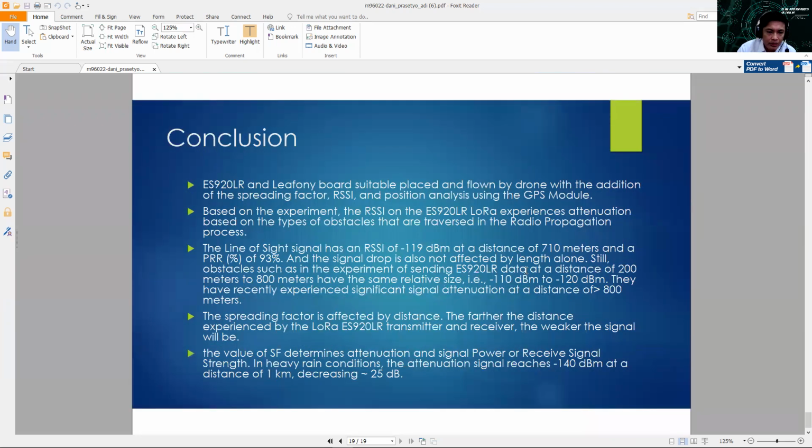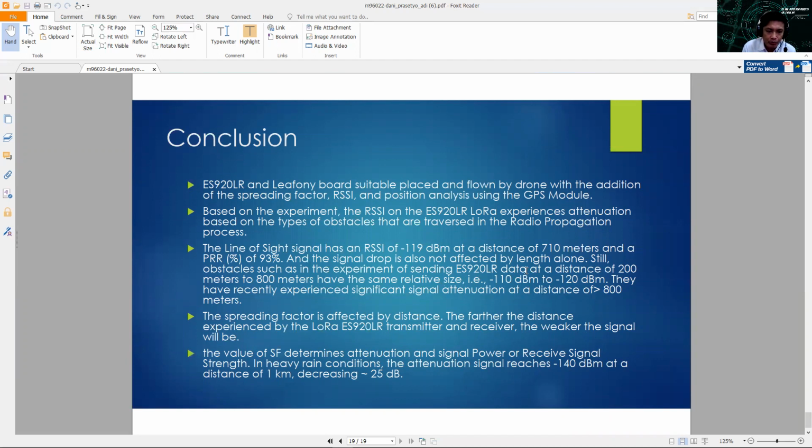The conclusion is that the ES920LR and Neopony board are suitable to be flown by drone, with the addition of splitting factor, RSSI, and position analysis using the GPS module.